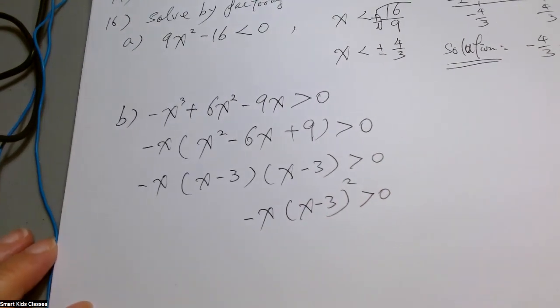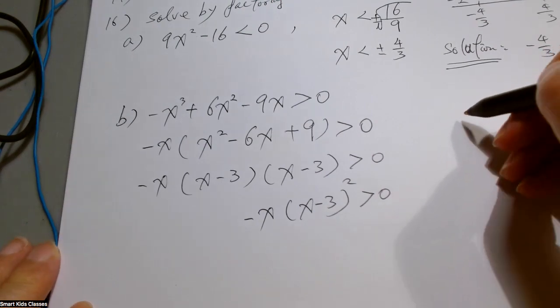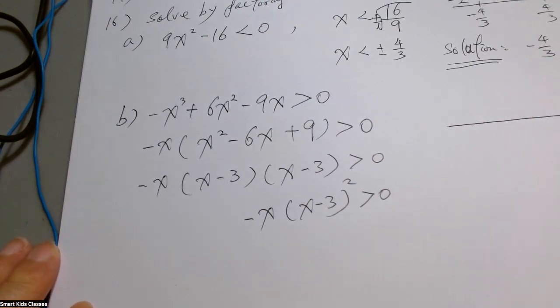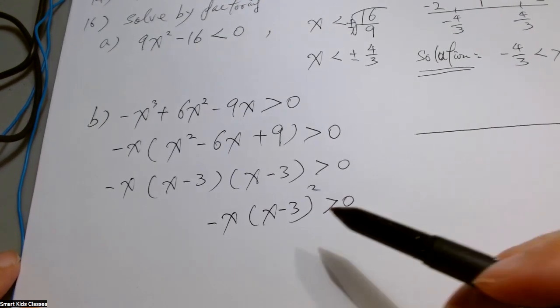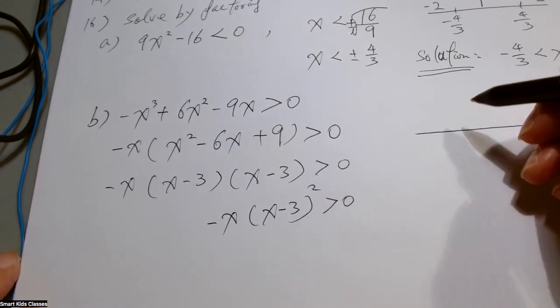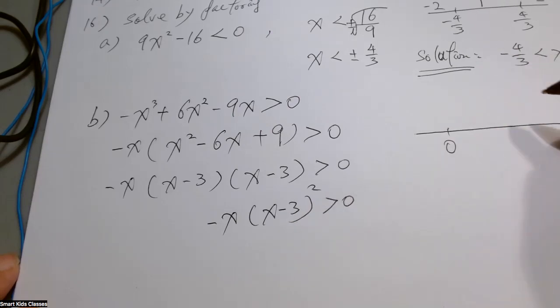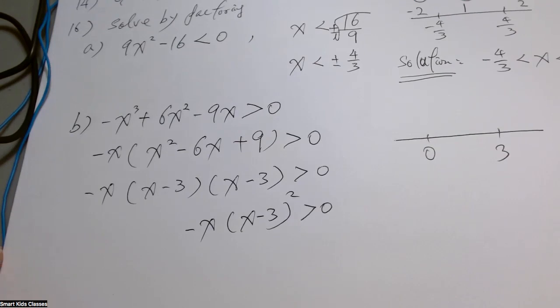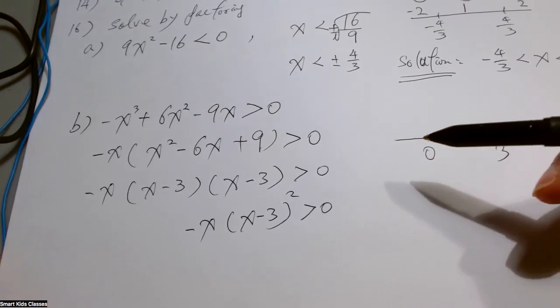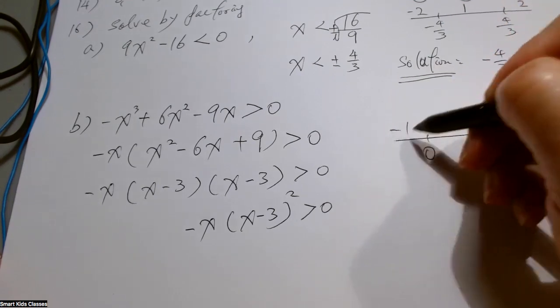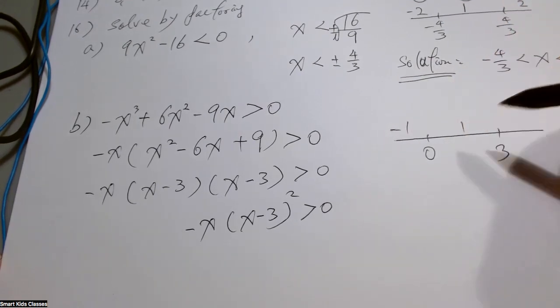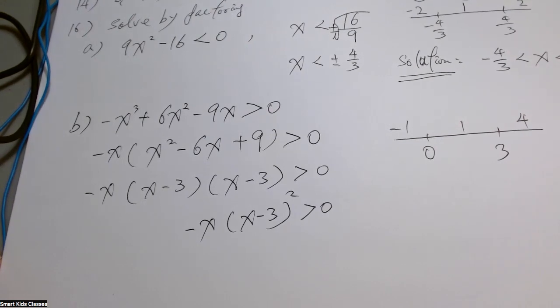Good. And we're going to test it on the number line to see these two x values, when x equals 0 and when x equals 3, to see which one are the solution. So if this is 0, we're going to try -1, and here +1 and 4.